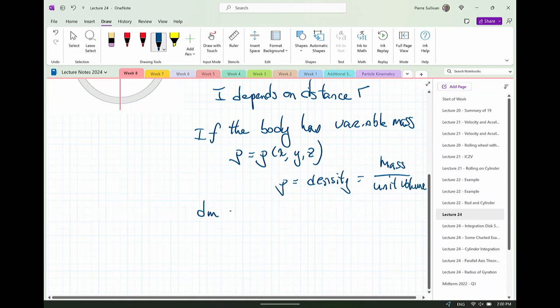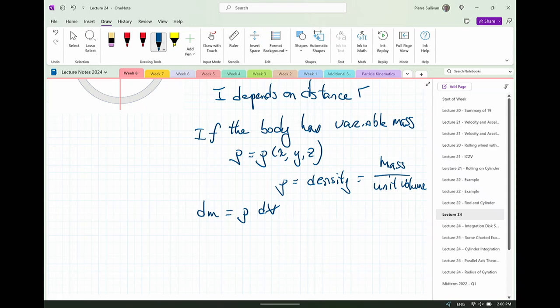You can say that dm is equal to rho dV, and for the purpose of this course, I'm going to start putting a slash through my v's because those will be volume, not velocity.